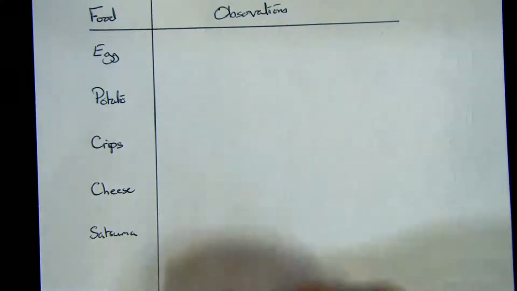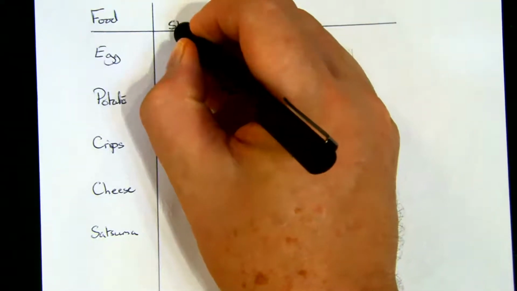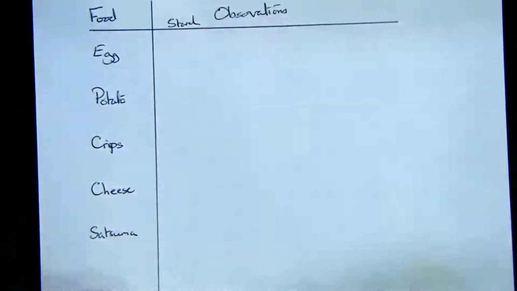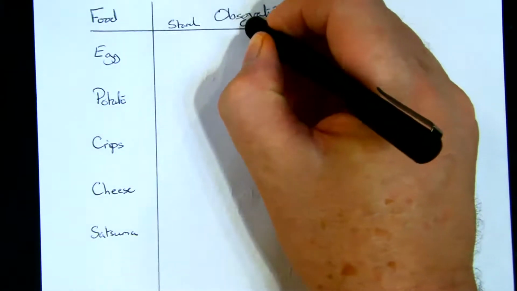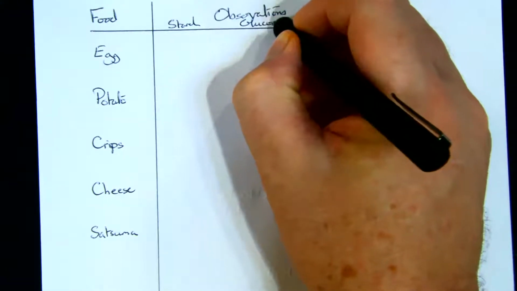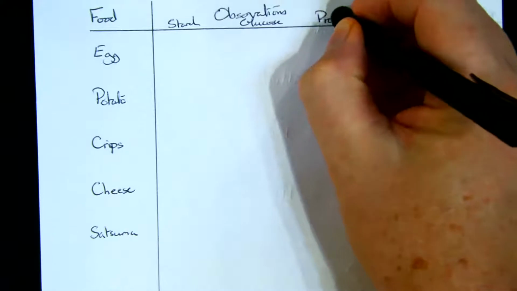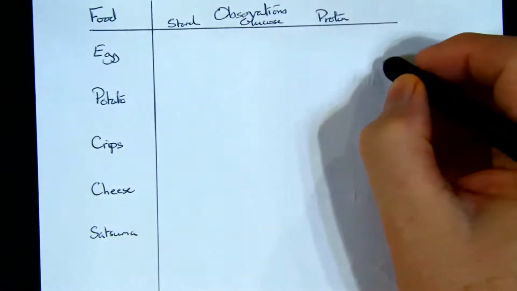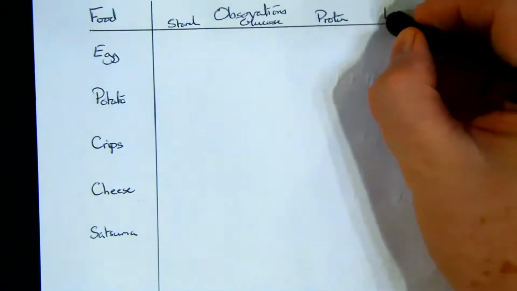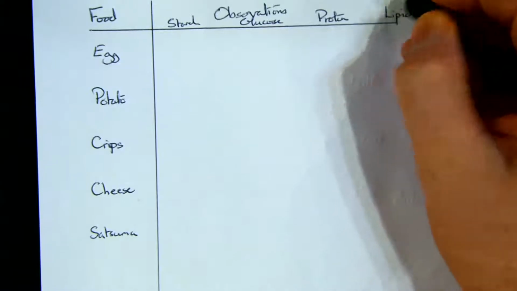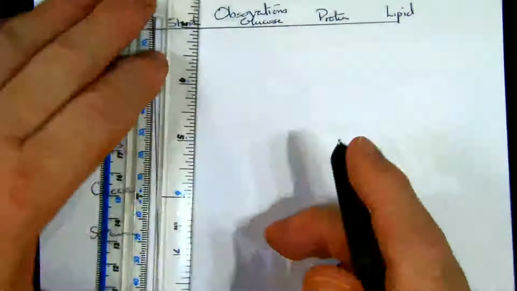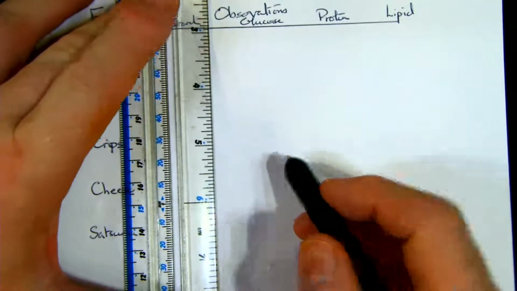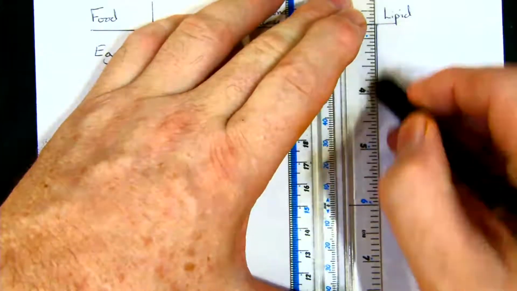We'll test then for starch. We can test for glucose, simple sugar. We can test for protein, and we can test for lipid or a fat. Let's just try and organize the table better.